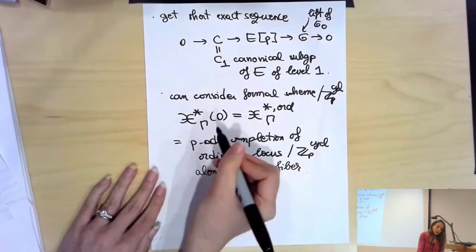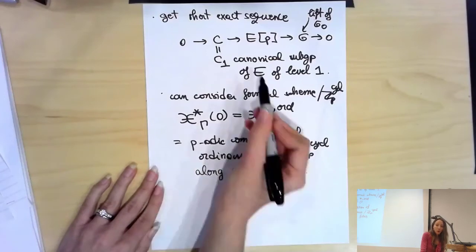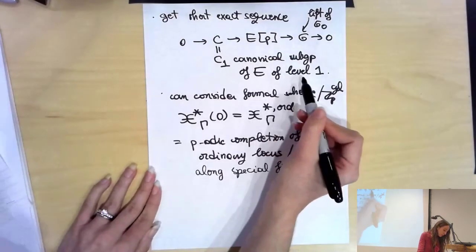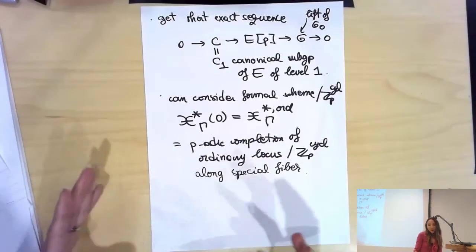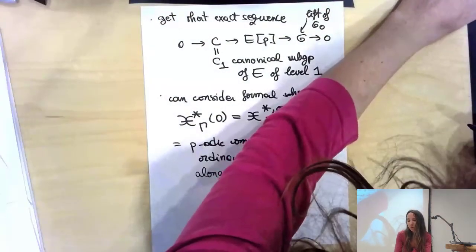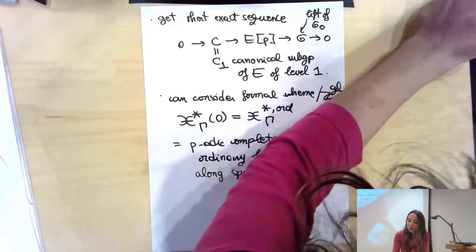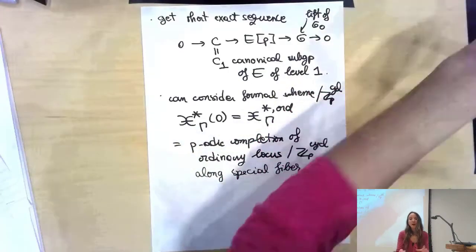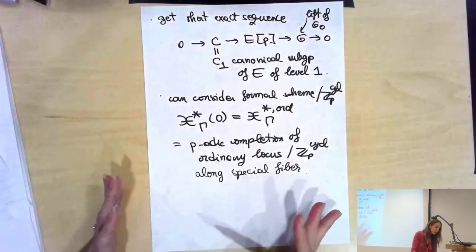Okay, so if you consider this, and you also have a canonical subgroup, then the picture that we have here, where the map is relative Frobenius, and we're working over FP bar, so over the special fiber, has a canonical lift to characteristic 0.